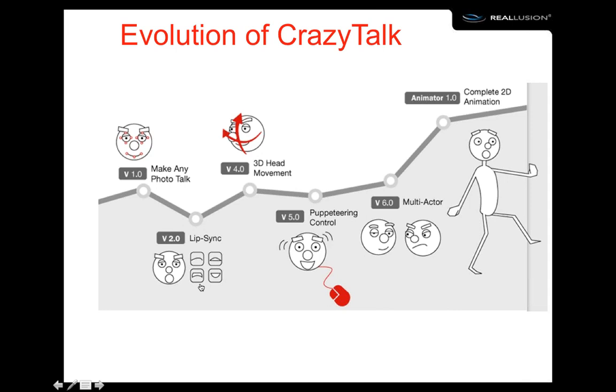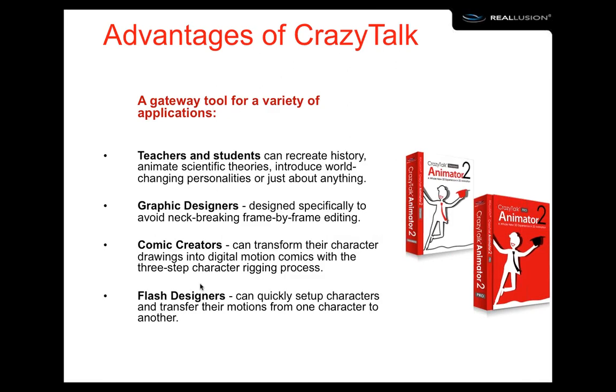So this was the evolution of CrazyTalk. We still have two product lines: the original CrazyTalk, which is in its 7th version right now, CrazyTalk 7, and that is only for facial animation. And we also have CrazyTalk Animator, which is for face and body. Its latest version is edition number 2. That's the one we're going to cover today.